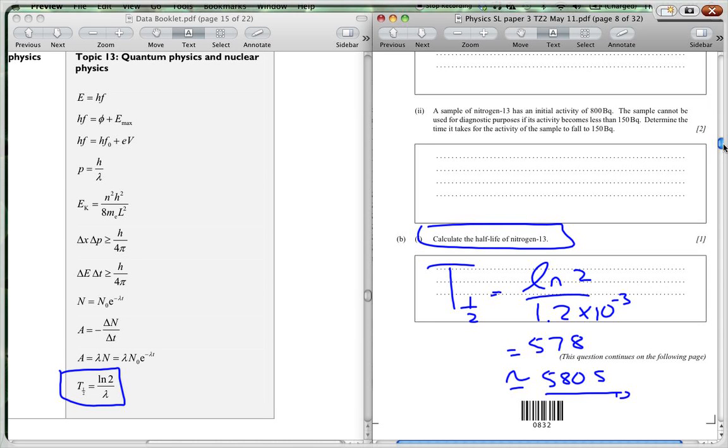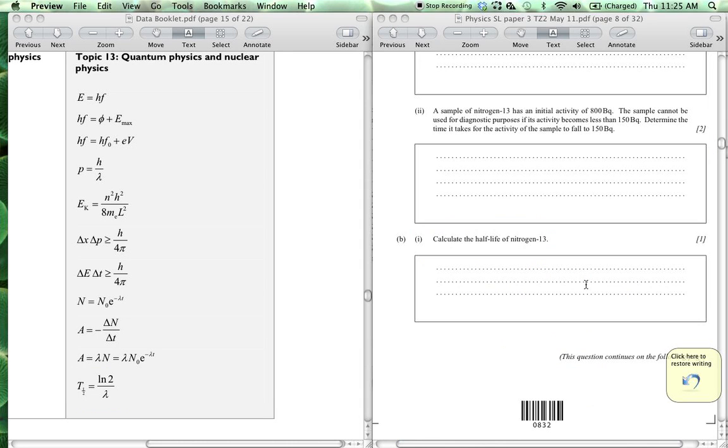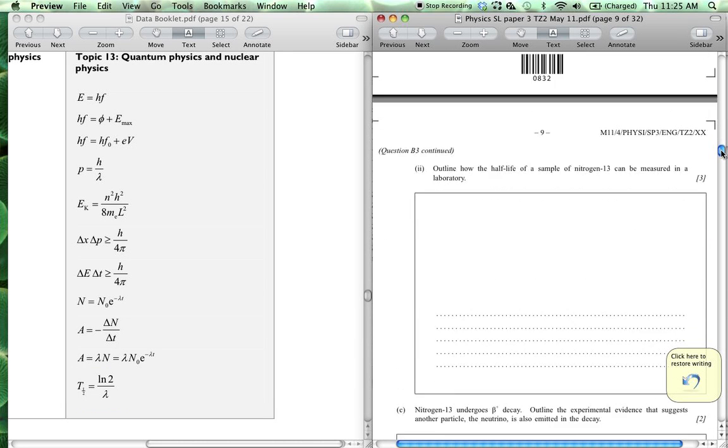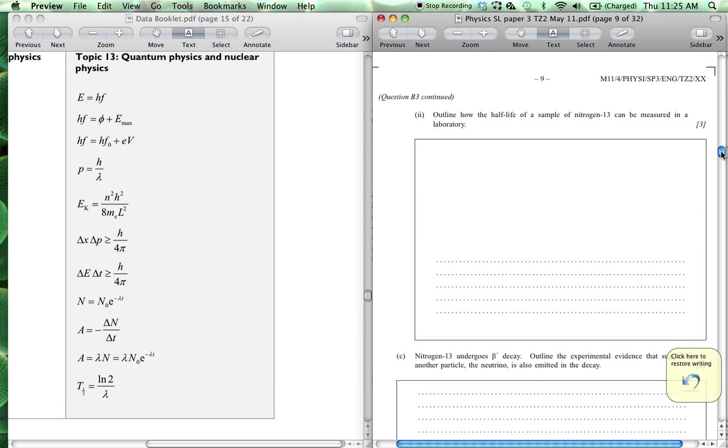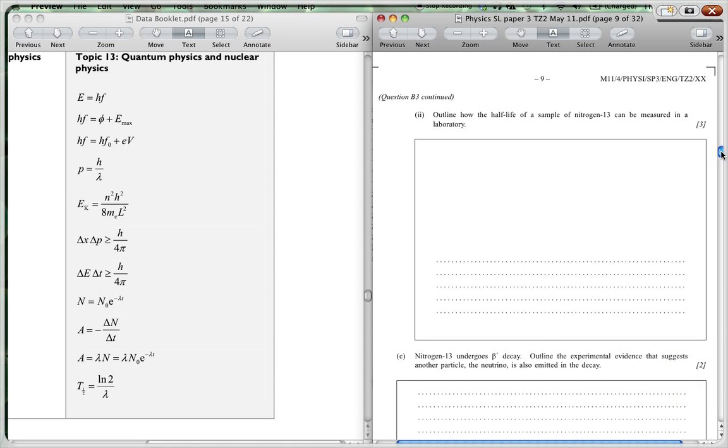Then, going over the page, outline how the half-life of a sample of nitrogen 13 can be measured in the laboratory. So going on to this one over here, outline how the half-life of a sample of nitrogen 13 can be determined in the laboratory.